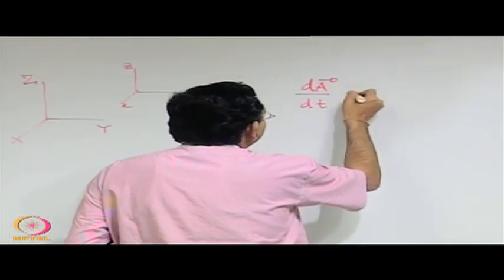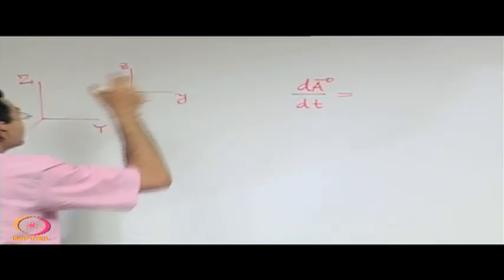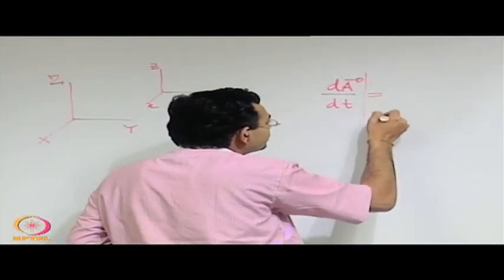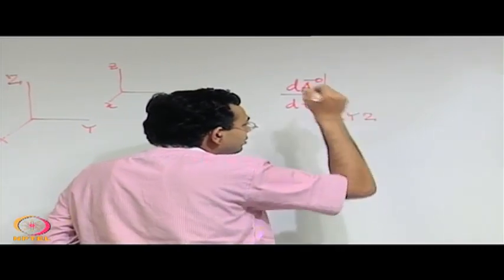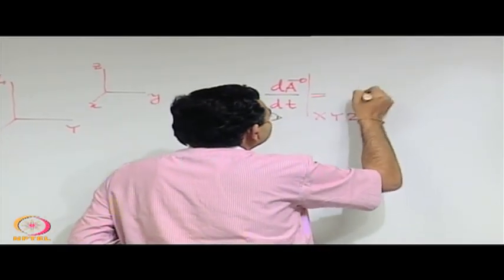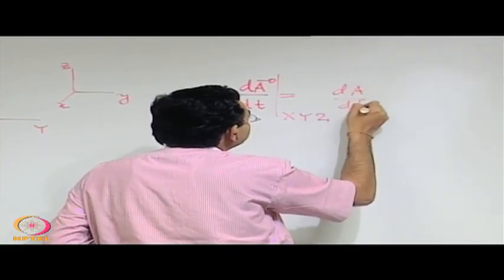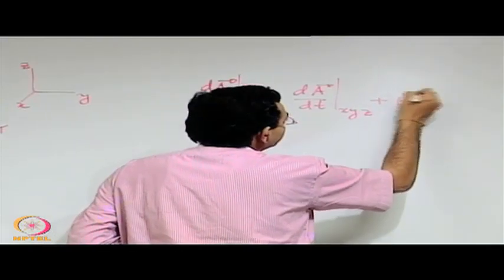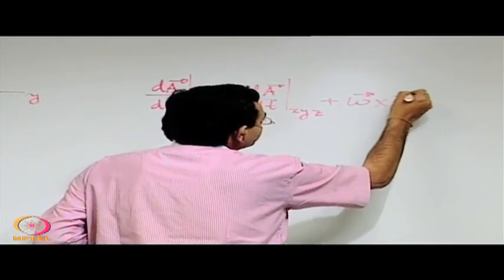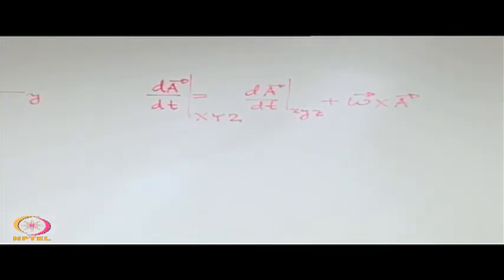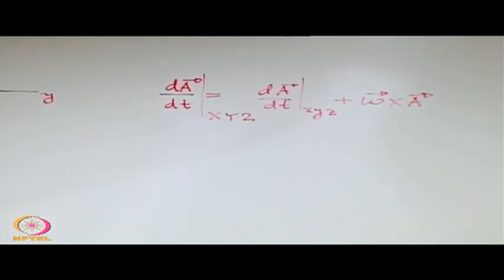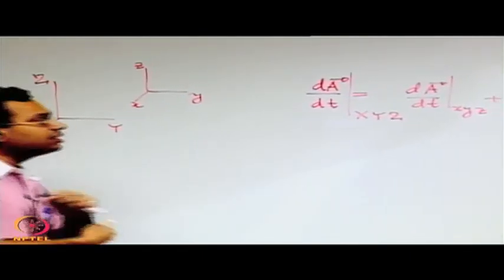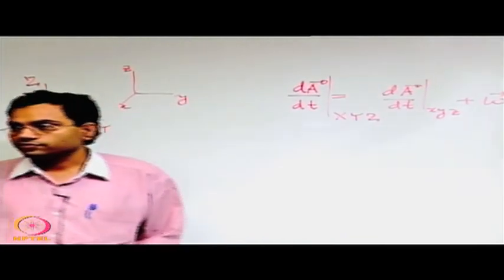So, if you have the vector A in the small xyz reference frame, the derivative of that with respect to the capital XYZ, which is like a stationary reference frame, is this plus omega cross A. Clearly, if this small xyz reference frame has no omega, then the derivatives are identical.